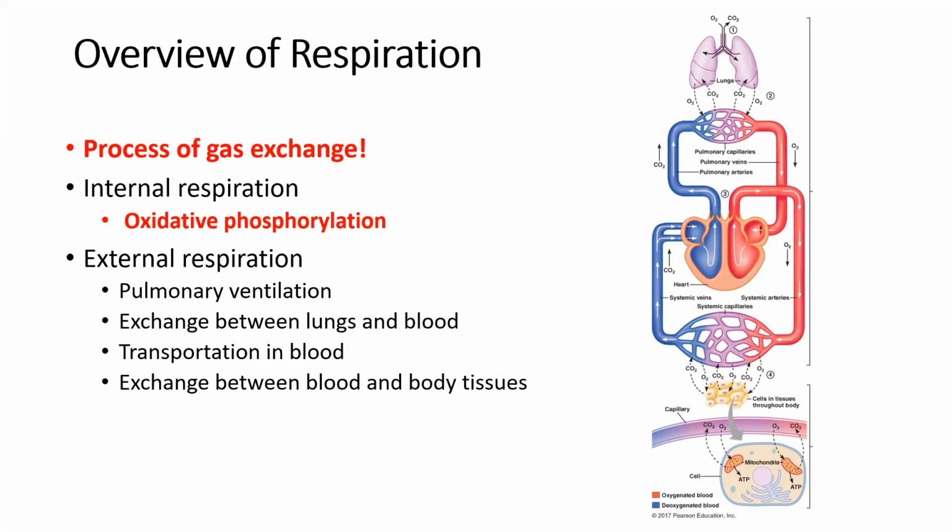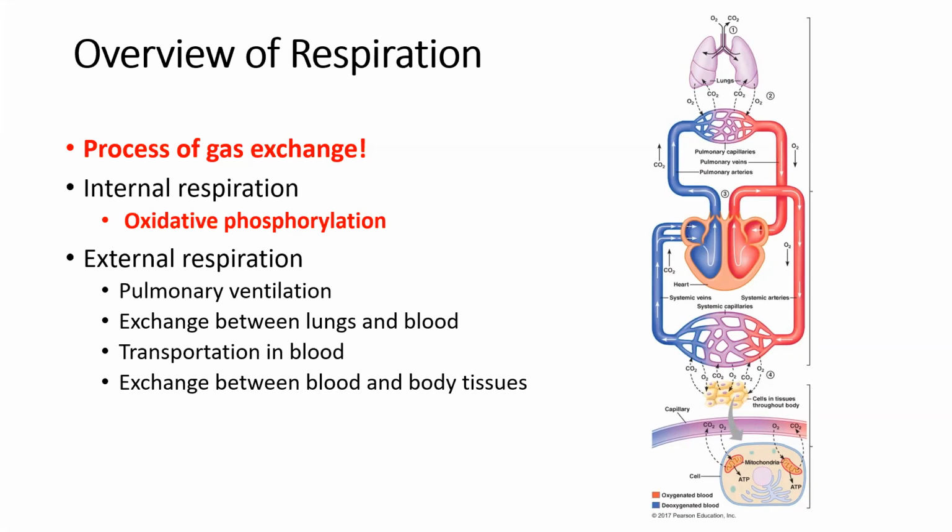We've got internal respiration, which is really that cellular respiration that we talked about last semester, that use of oxygen to be the final electron acceptor within our cells, within the mitochondria, right across that inner mitochondrial membrane. And so oxygen acting as that final electron acceptor is what produces the bulk of the ATP that we need to basically live, right?